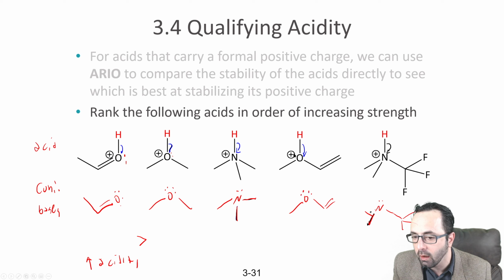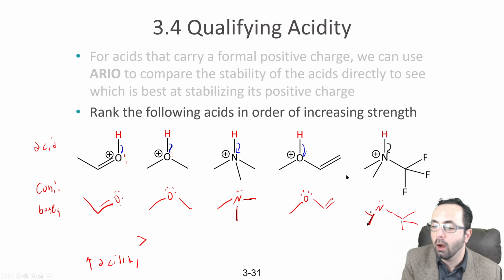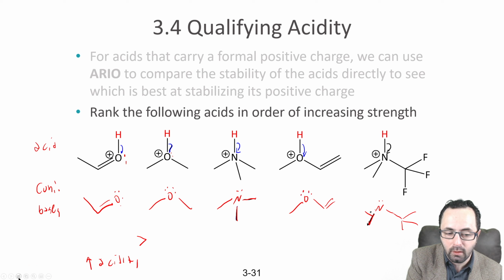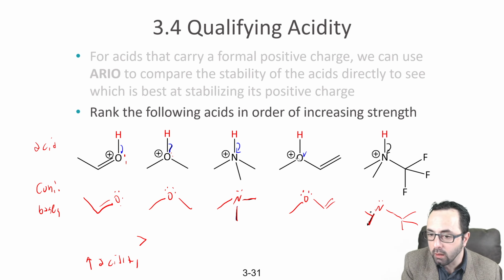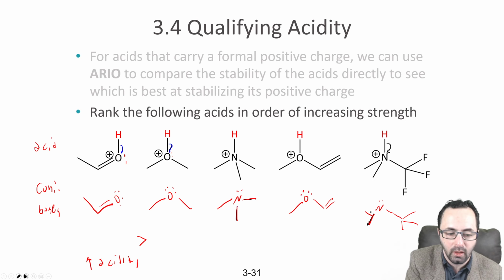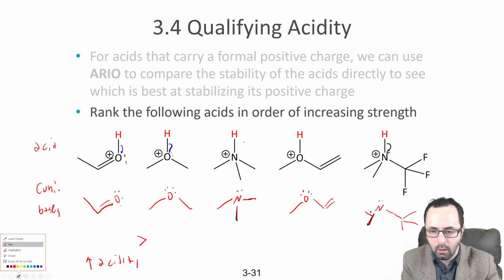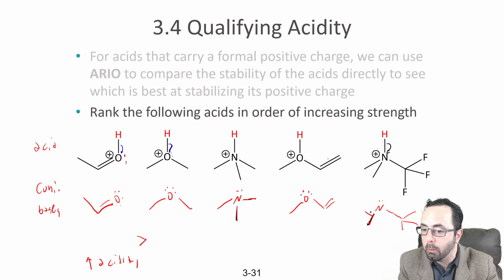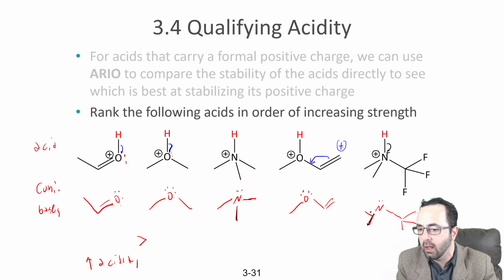So let's take a look at the oxygen. Okay, here we have a positive formal charge on the oxygen that is allylic to this. And so a possible resonance move that we have here is that this can go over here, and the result would be that this carbon after that would have a positive formal charge.